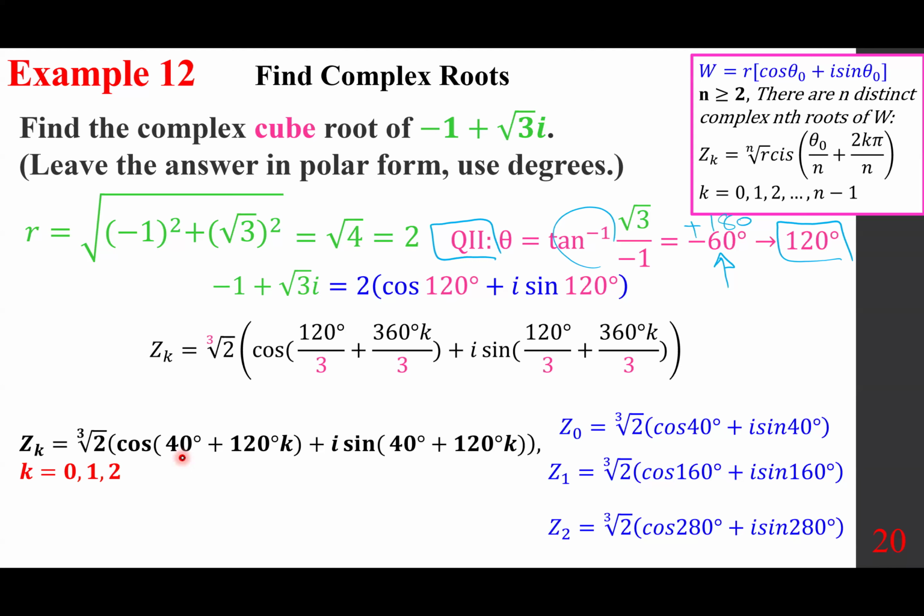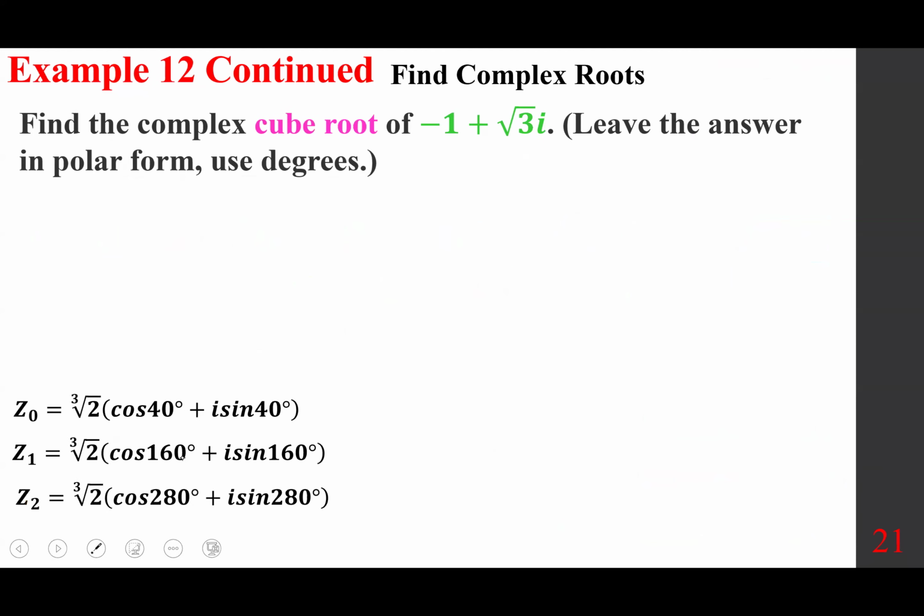So we are done, but I want to show you what happens as far as the graph is concerned. So we have a circle with r being the cube root of 2.